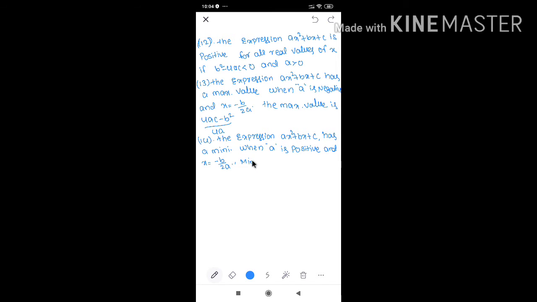The minimum value is 4ac minus b square by 4a.